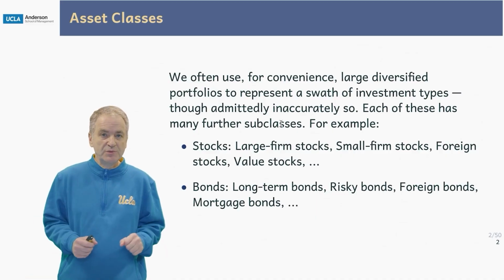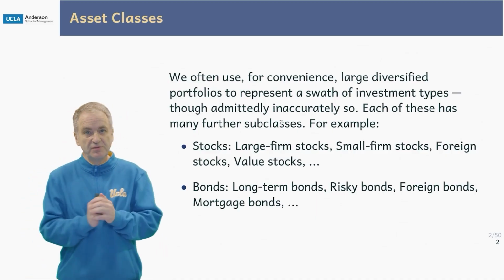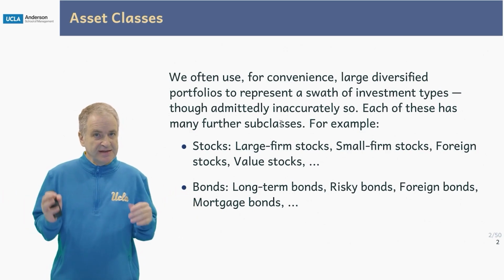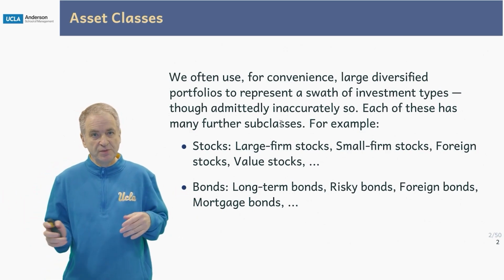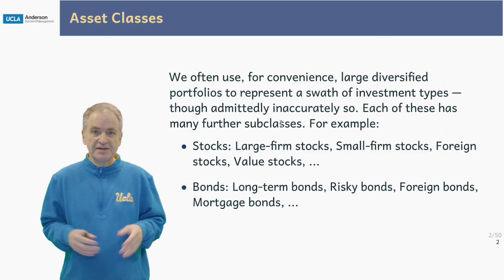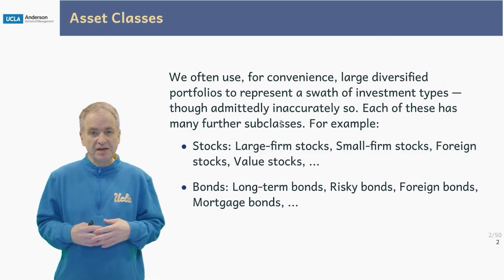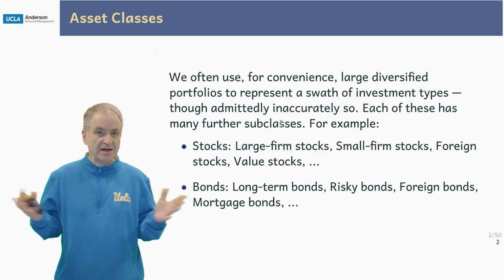For convenience, we often use a large diversified portfolio to represent a swath of investment types. It's admittedly inaccurate because each of these has many subclasses and you can throw them in different weights, but roughly speaking, they give you an idea of how, say, stocks perform.